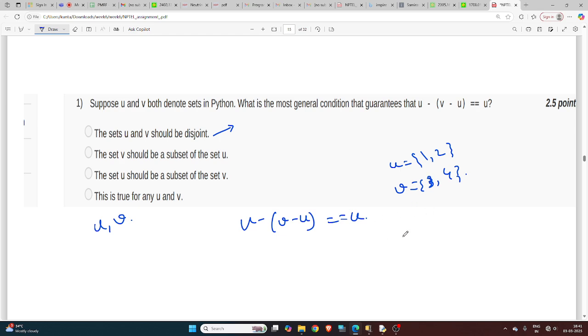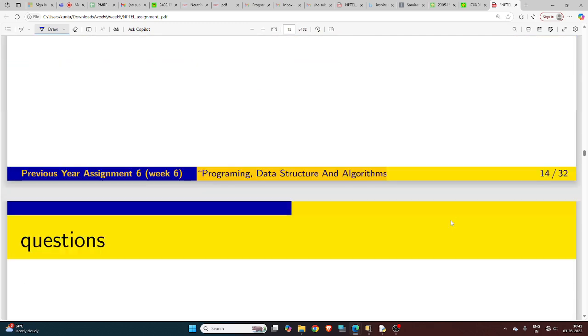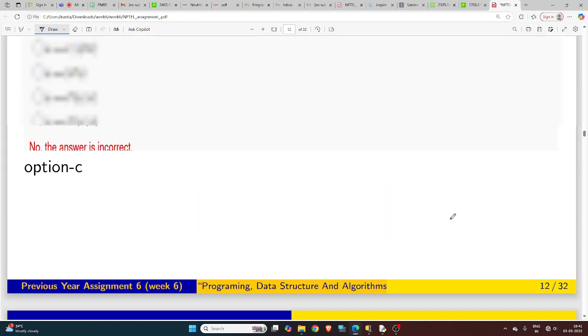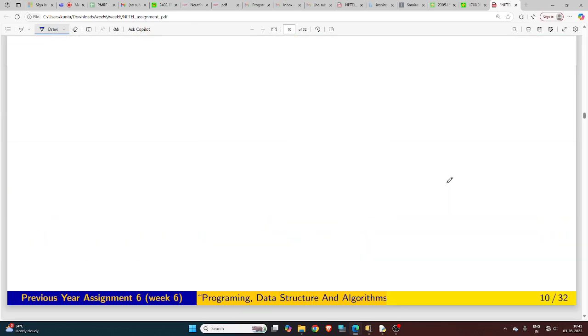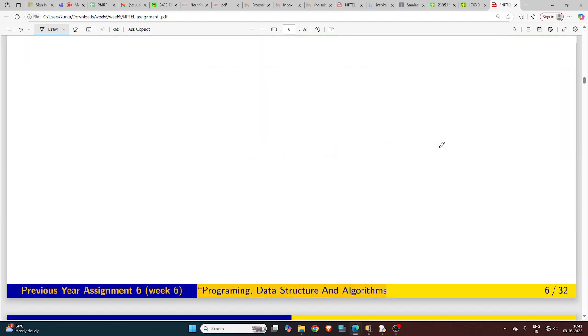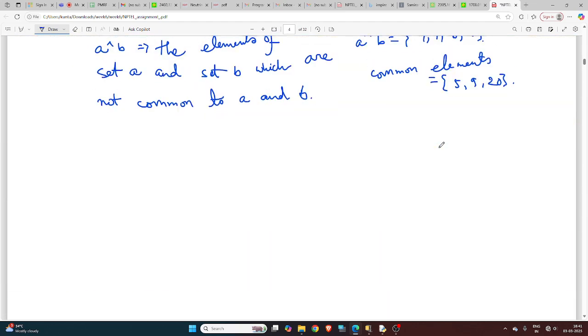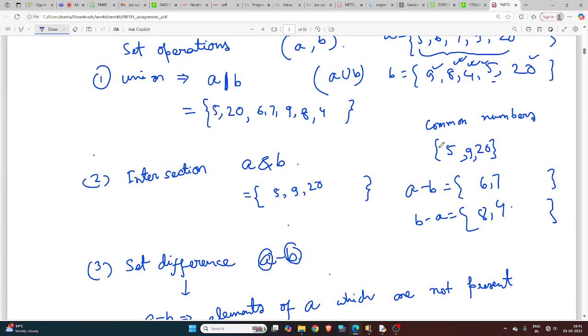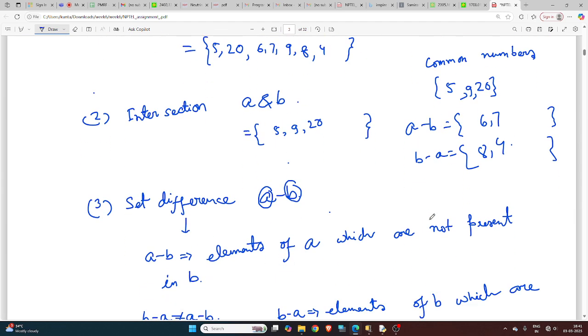So if it is 1, 2 and 3, 4, then V minus U. What is minus here? Difference. I have already mentioned here what minus stands for. You can see set difference. Yes, here. A minus B or B minus A. What is this one?